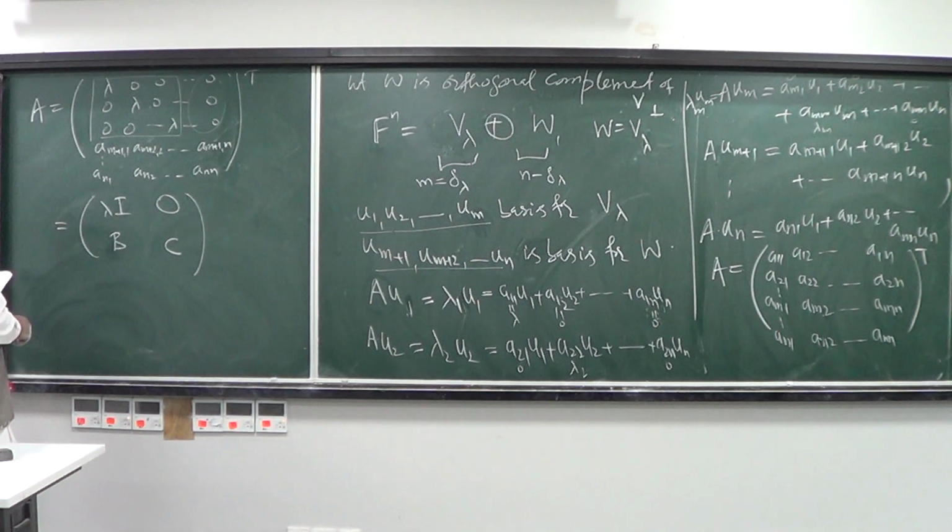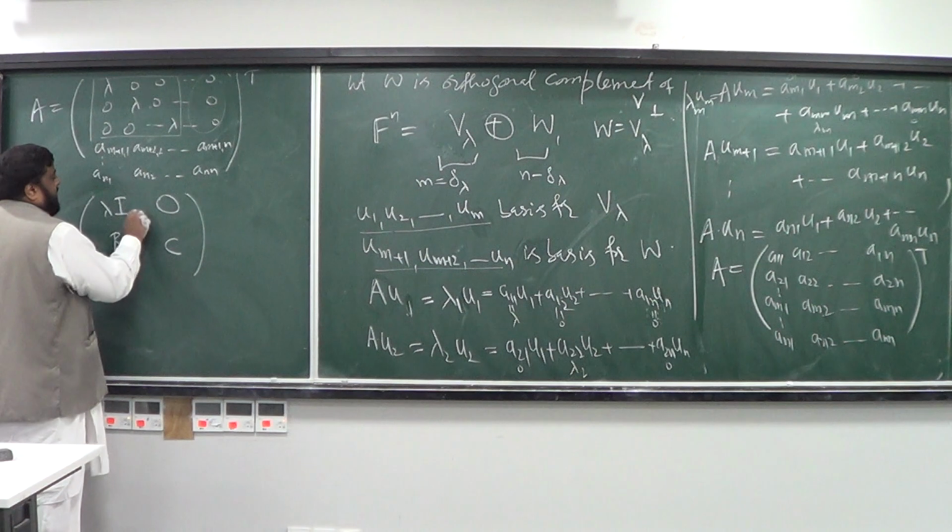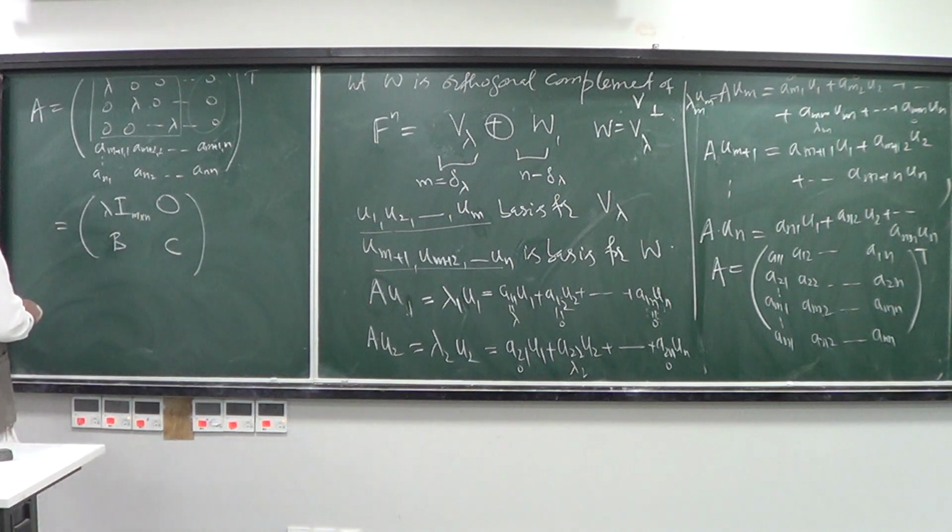Now, what is the order of the identity matrix? The order of the identity matrix is m by m.